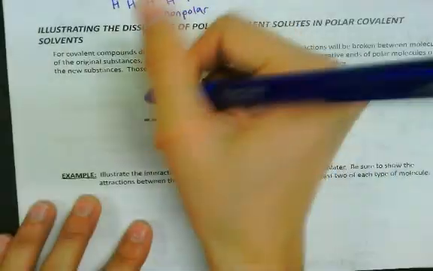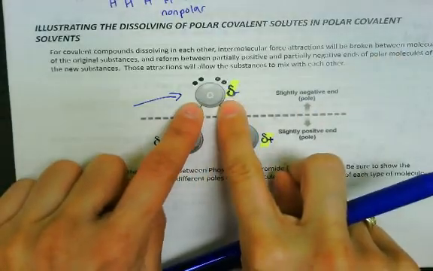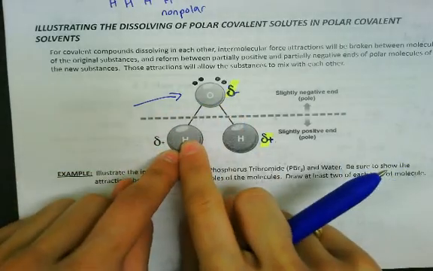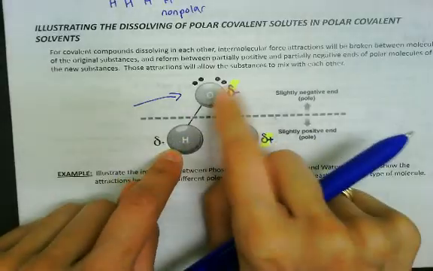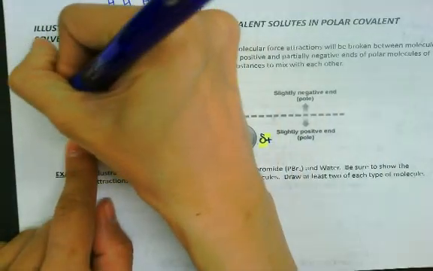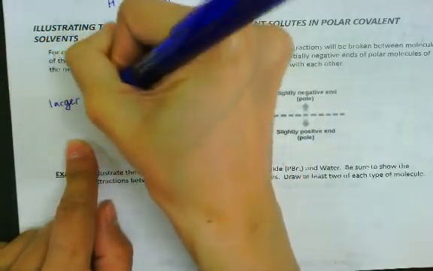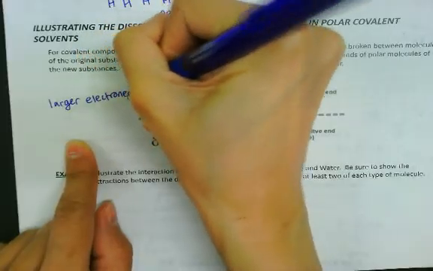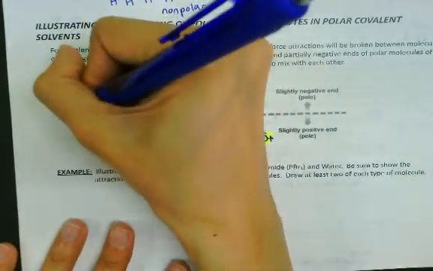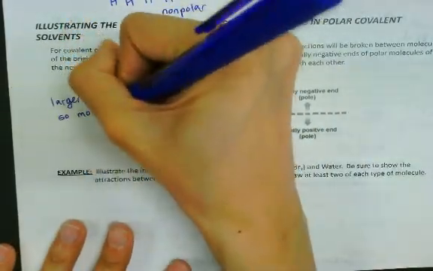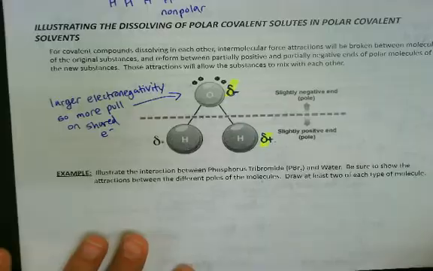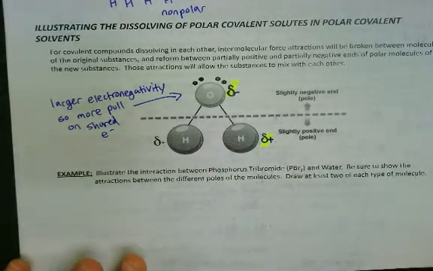We drew that like that because oxygen is an atom with a higher electronegativity value than hydrogen. It's so much higher than hydrogen that we consider oxygen to be an electron hog here, okay? So it is hogging all of the electrons, essentially. The larger electronegativity is such that there is more pull on the shared electrons from oxygen than there is from hydrogen.